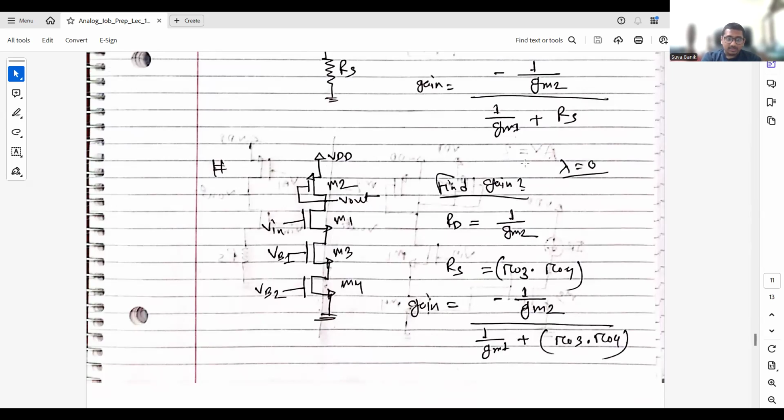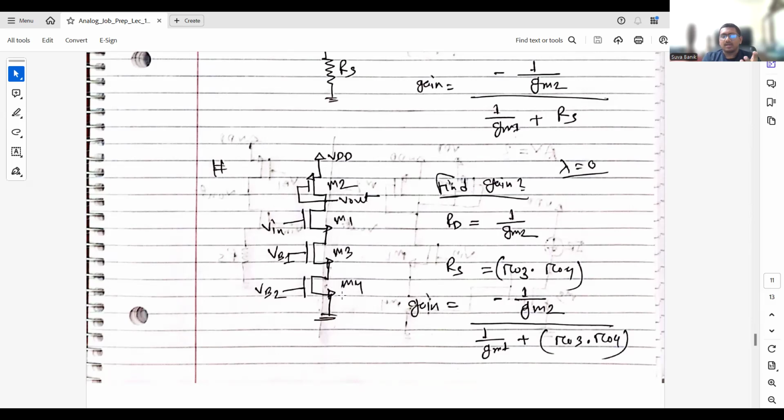You can see it is degenerated, right? As I already told you, here M1 is my input and it is in common source configuration. Here, the source is not directly connected to ground. It is connected to M3 and M4, then it is connected to ground. So here there is no RS, but instead of RS there are M3 and M4. So we need to find RS here, right?